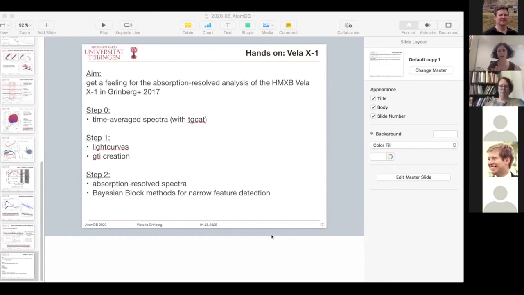What can guide us is understanding the system at other orbital phases where we, for example, know that the source is so absorbed that at low energies we only see emission, or we mainly see, for example, the photoionization component. So that really depends on the orbital phase that we are looking at.